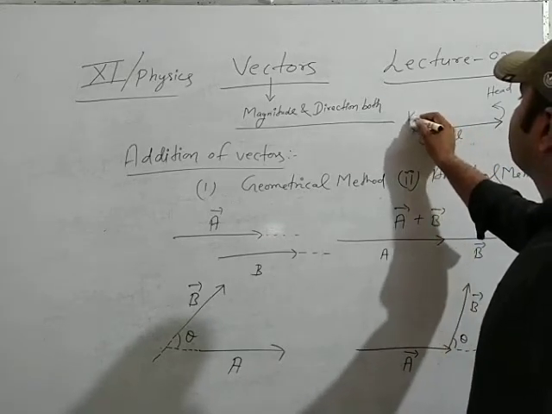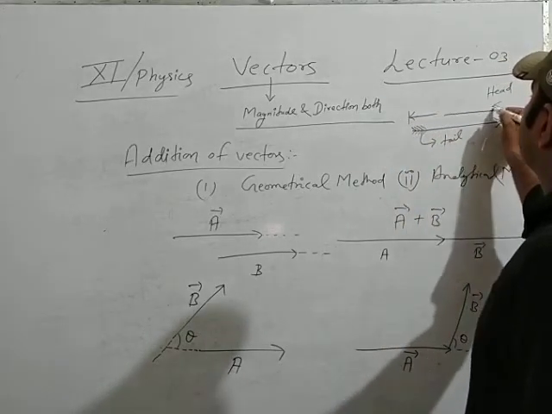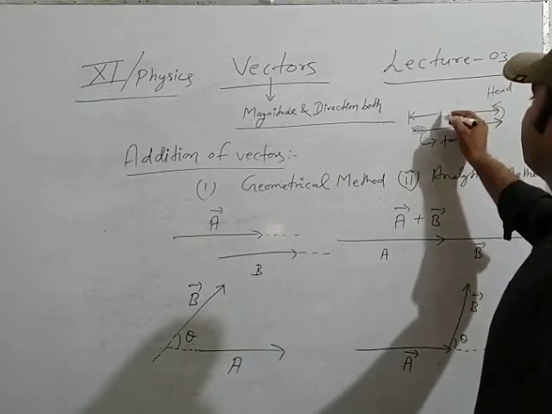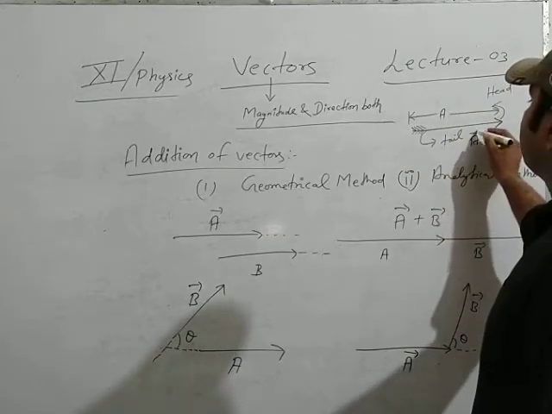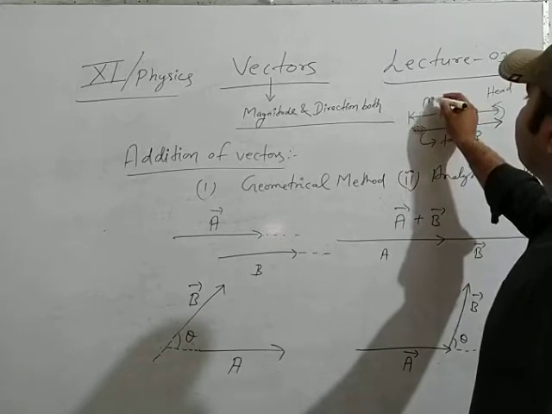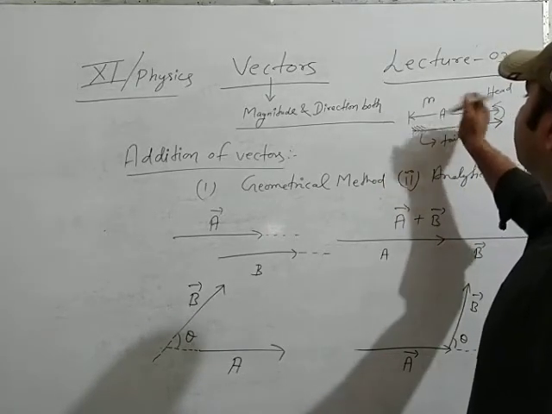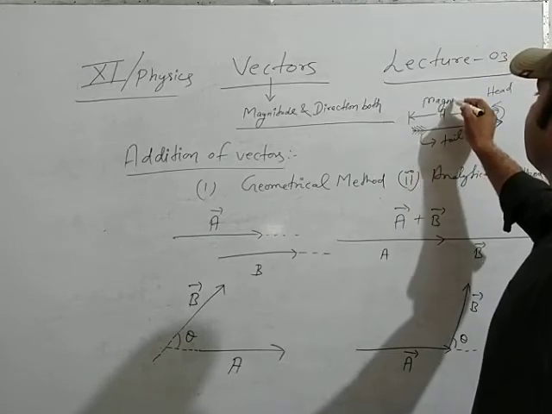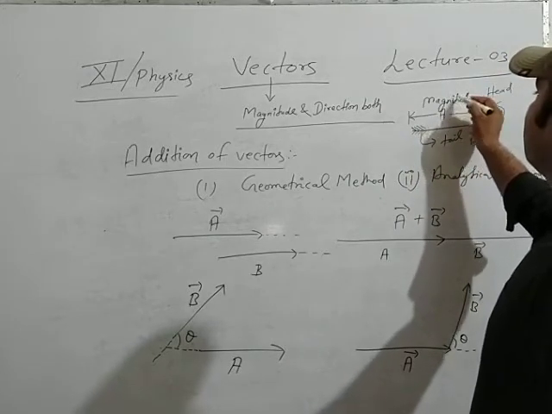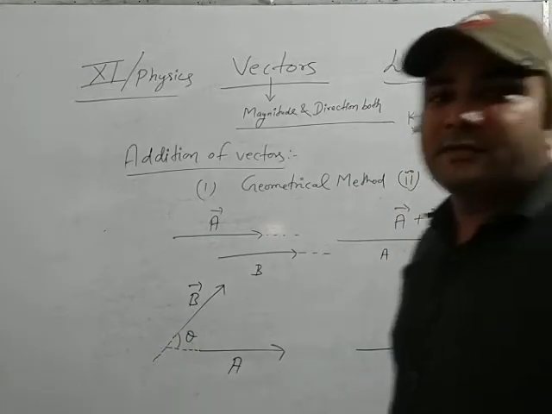And the length of this one, suppose length is represented by A. This is vector A. The length here represents the magnitude of the vector.